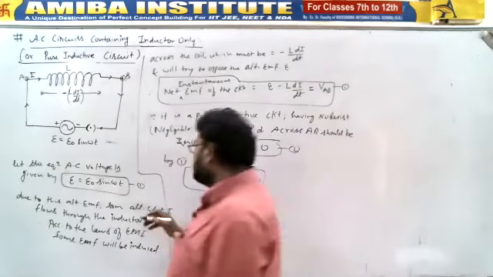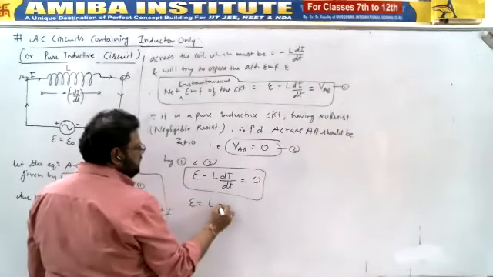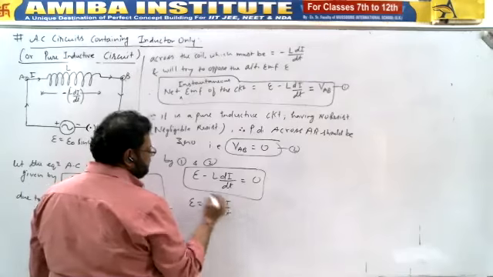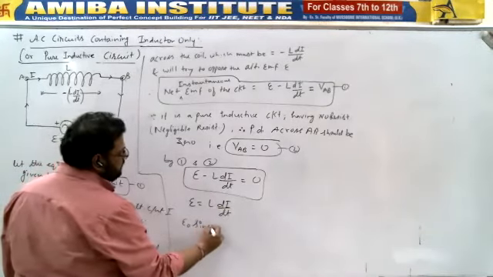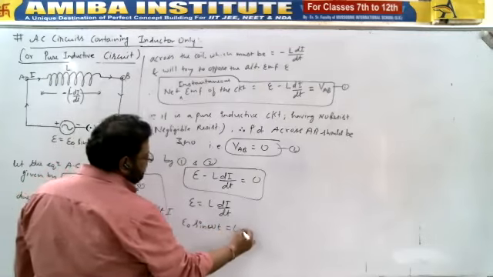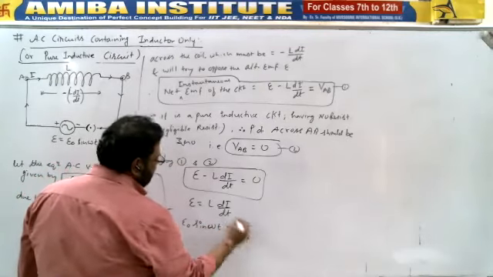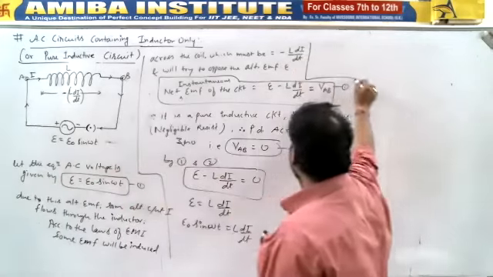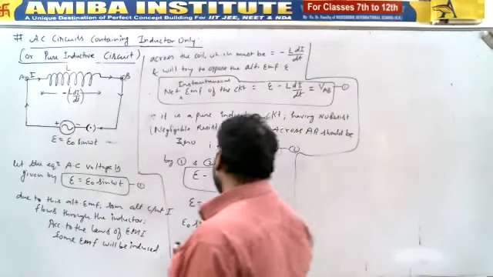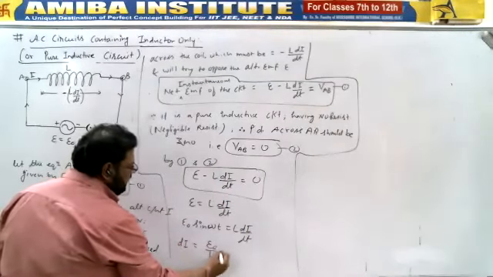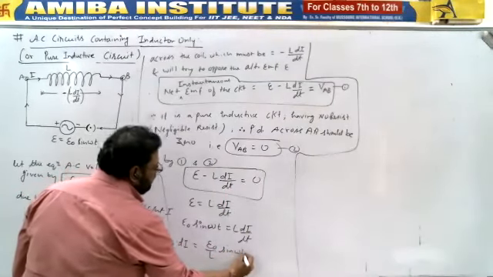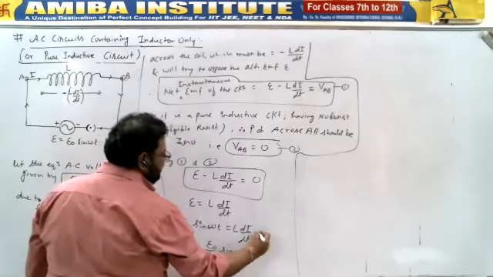So what will we get? E is equal to L di by dt. What is E? E naught sine omega t is equal to L di by dt. So di should be equal to E naught by L sine omega t dt.